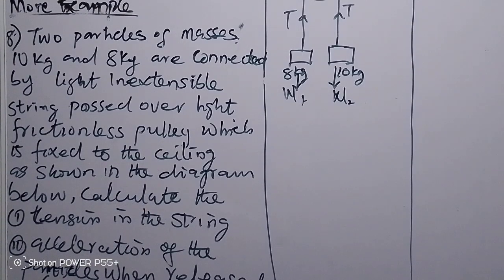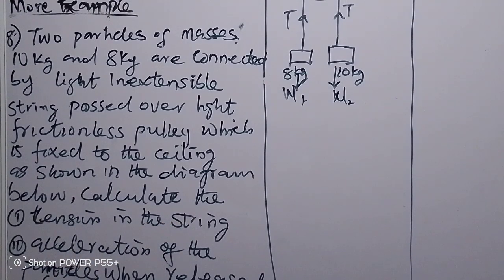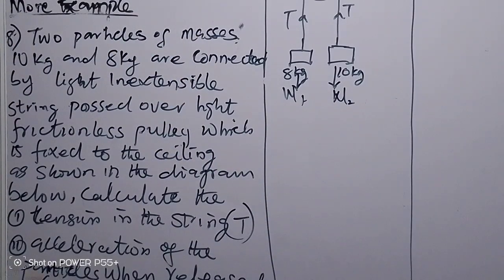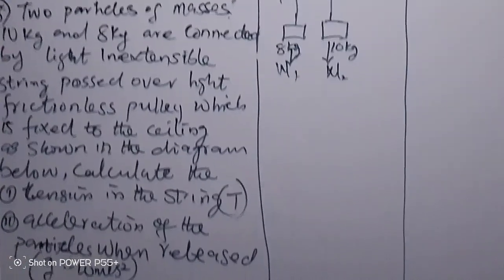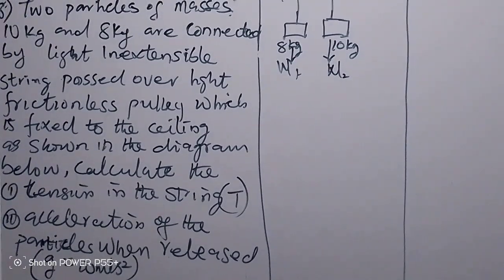This is the diagram. Calculate: 1. the tension T in the string, 2. the acceleration of the particle when released. And g is given as 10 meters per second squared.